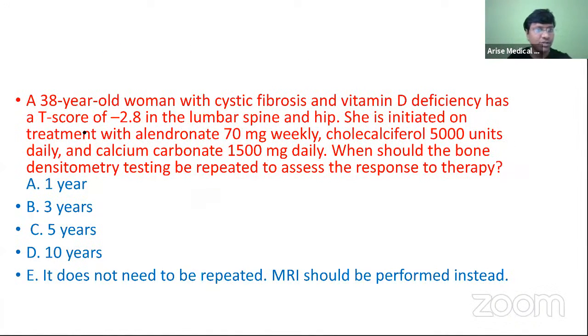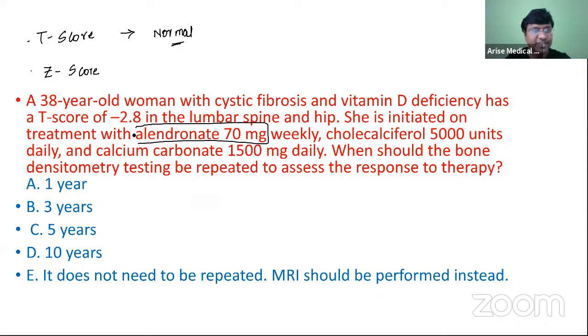So in these questions, I want you to tell me what is the T-score, and you should know what is the Z-score, and the normal T-score, and what is this alendronate. So please tell me all these now.